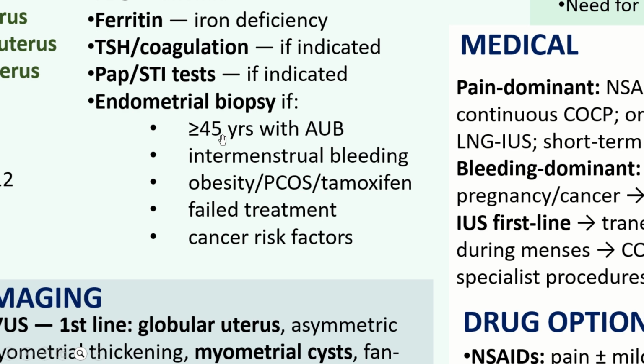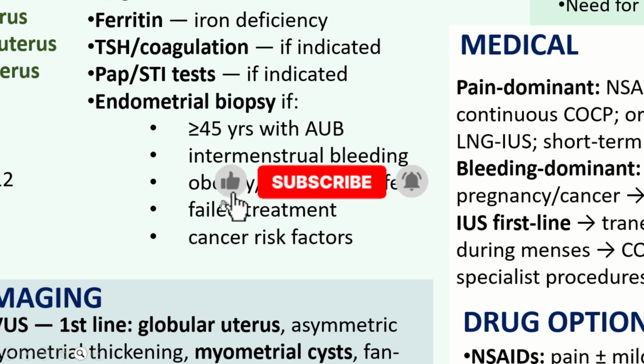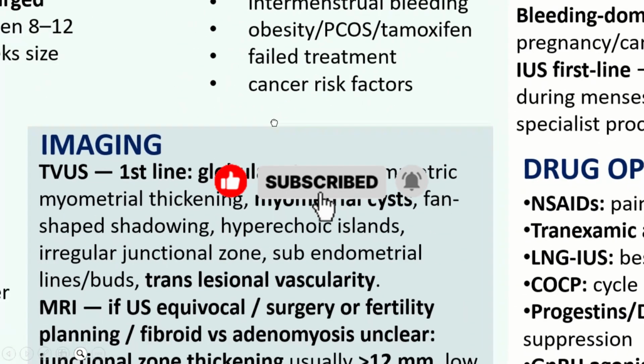Whenever someone is 45 years or more and has abnormal uterine bleeding, the first thing to consider is endometrial cancer, because it's the worst of the diagnoses, and then work your way down the list. Intermenstrual bleeding, obesity, PCOS, or using tamoxifen all increase the risk of endometrial cancer, as do failed treatment and having risk factors for the cancer.